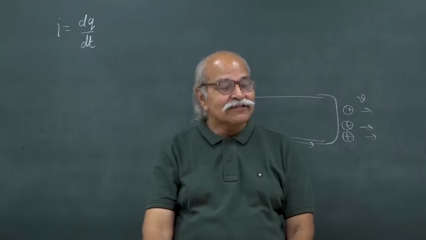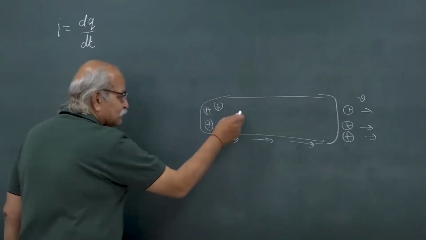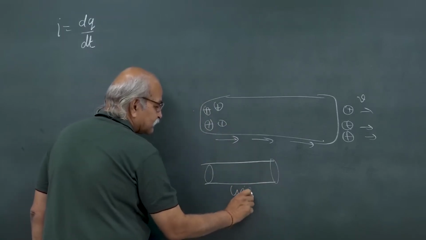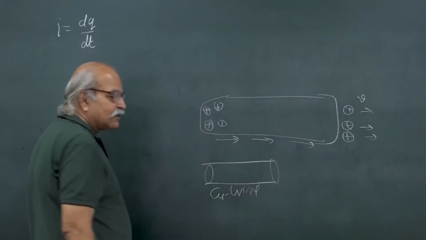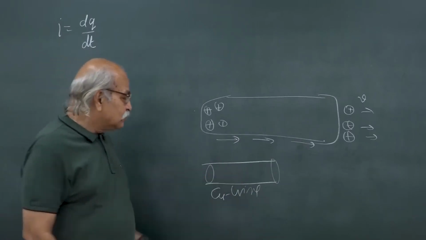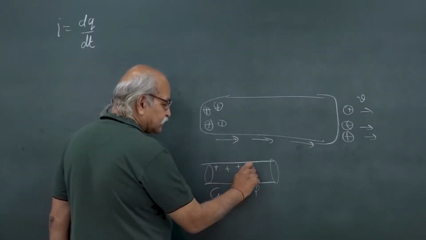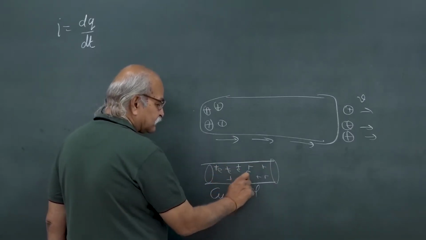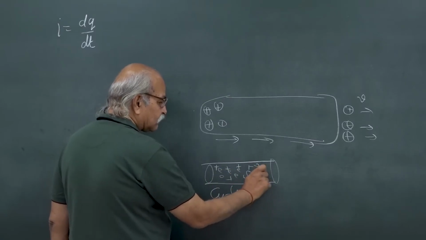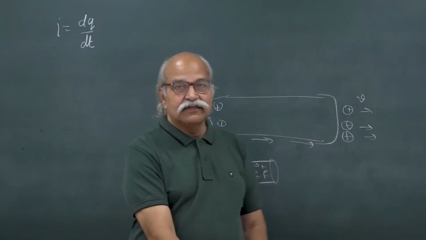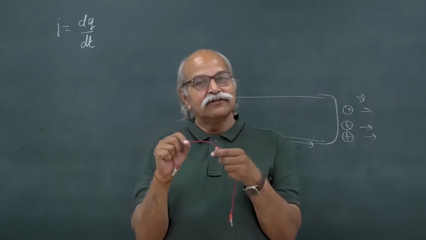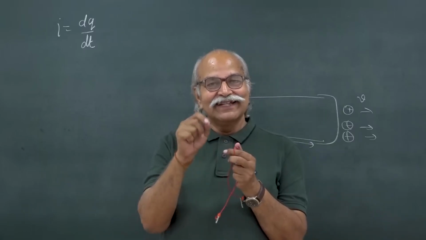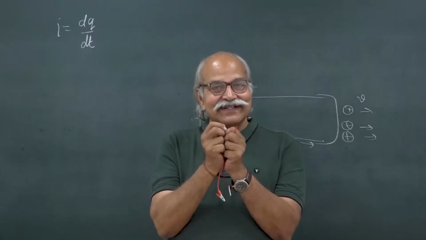So this picture can also be taken, but let us say this is a piece of copper wire, a metallic wire. It has positive charges, lots of positive charges, and also the electrons, right. This copper wire inside has many of those copper ions and the electrons, copper nuclei, let us say copper nuclei.